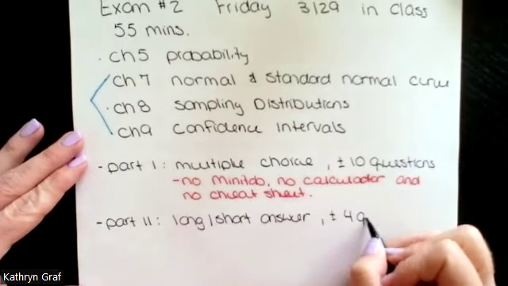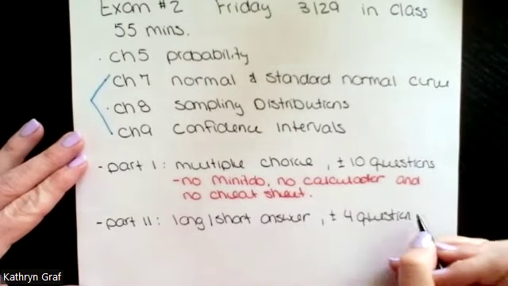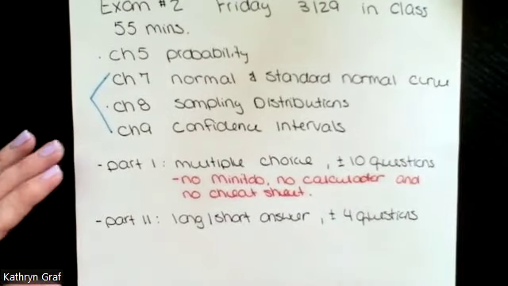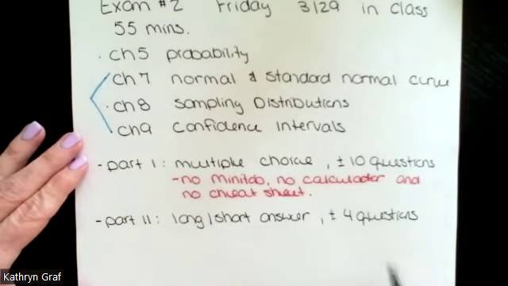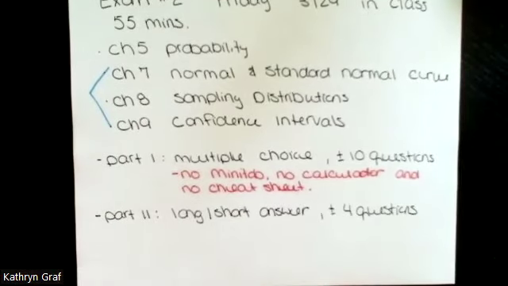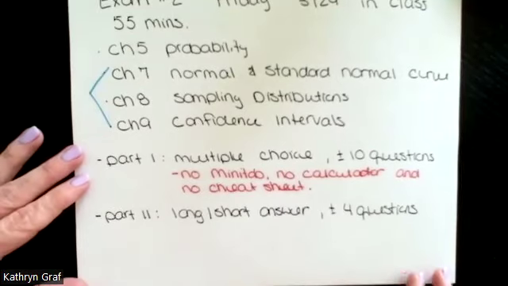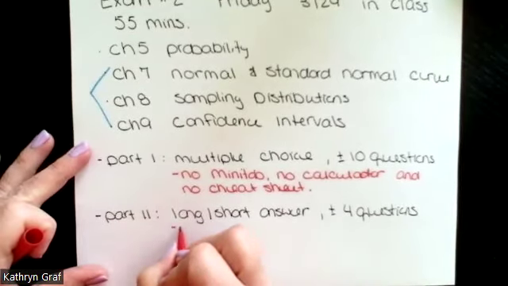It's probably going to be not as long as you're thinking when I say 4 questions. Some of the questions will have parts and I think others might not. So I'm going to say around 4 questions and I'll give you an updated idea of what's going on Wednesday when we have class. So in this section, you will need Minitab.